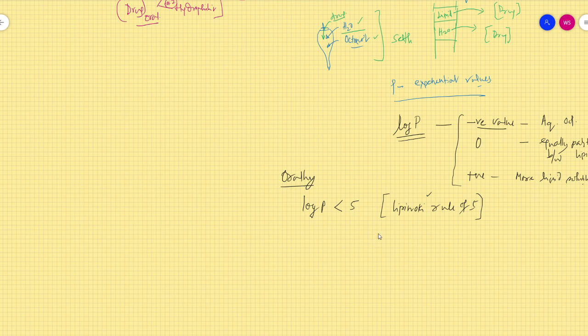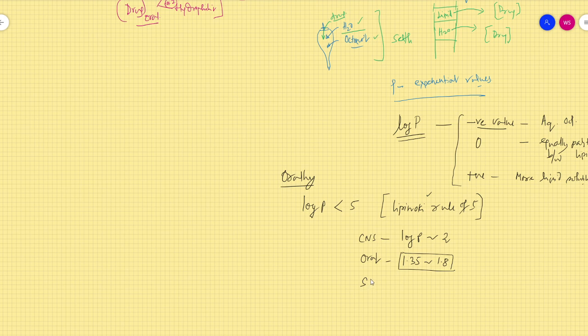So what's been seen experimentally is that for drugs which need to cross the CNS or the blood-brain barrier, the log P value should be around 2. Okay, and if it's administered orally, ideally, in an ideal world, it should be between about 1.35 and about 1.8. Okay, so between that, if you have a value of log P, then that drug can be administered orally.